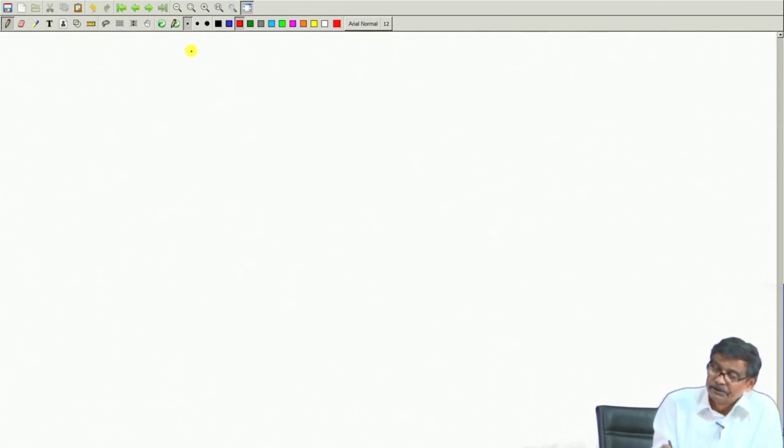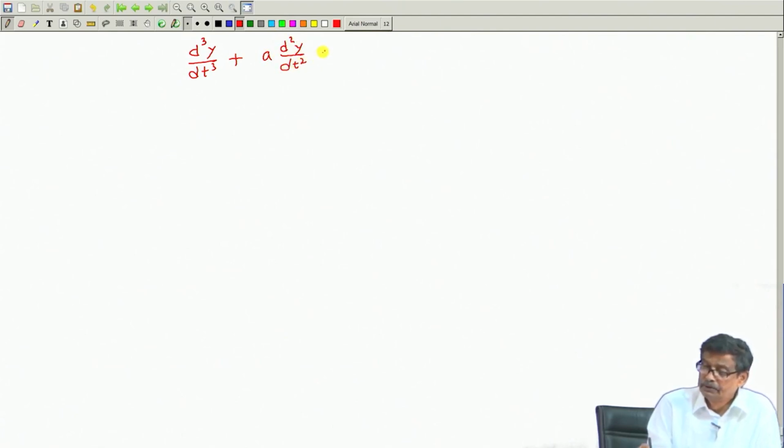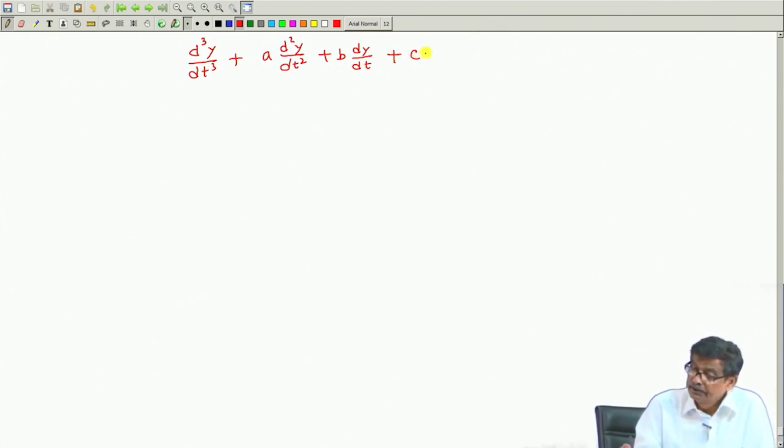Suppose you have a third order differential equation d cube y dt cube plus a d2y dt2 plus b dy dt plus c y is equal to x t.